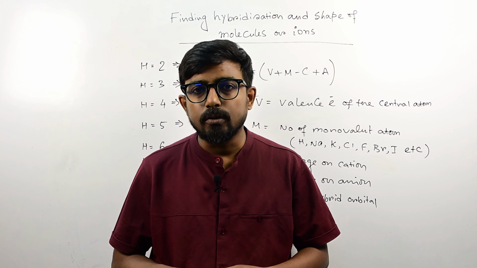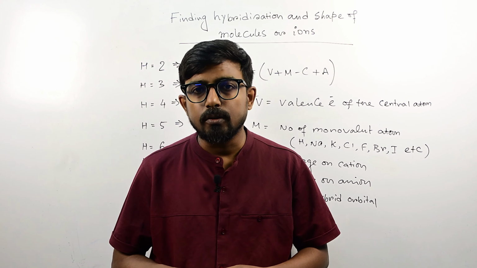If it is 4, that means sp3, so the shape would be tetrahedral, but we have only 3 hydrogen atoms, so 3 hybrid orbitals will make bonds, but 1 hybrid orbital is vacant, that means there is a lone pair. So there are 3 bond pairs and 1 lone pair.